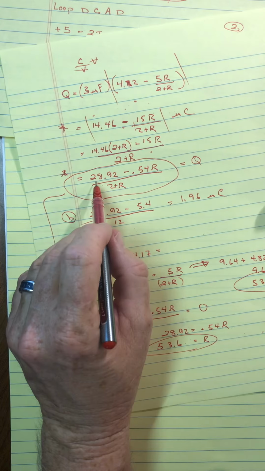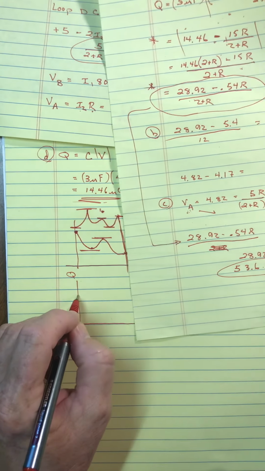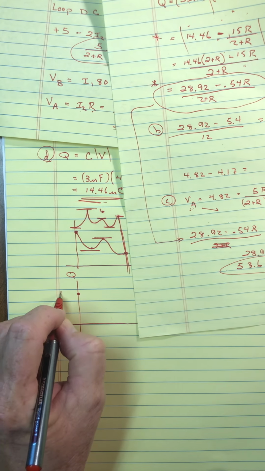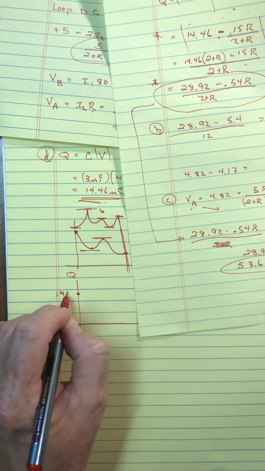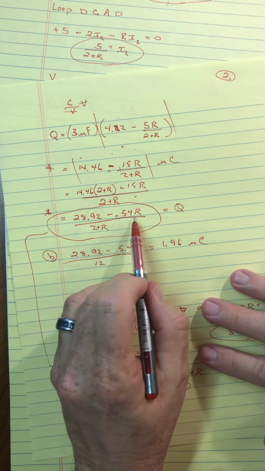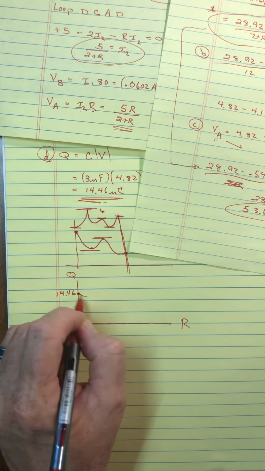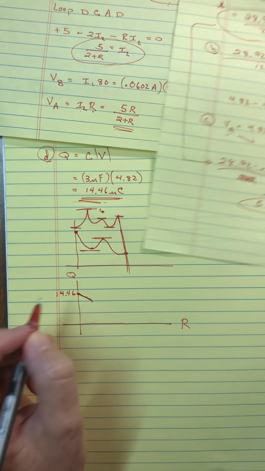And so this would be this 28.9 divided by 2, really. So you would have an intercept of about 14.46. And then it would have a negative slope. And so it would begin something like that.